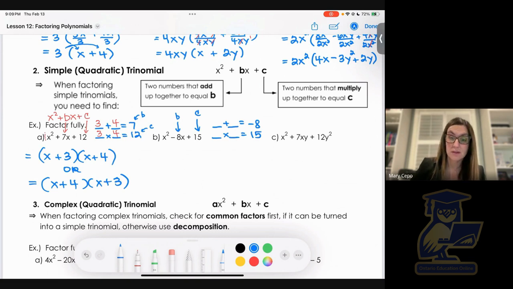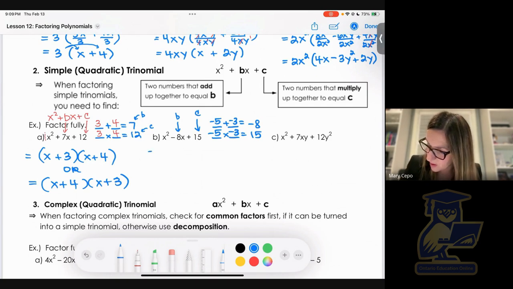Now looking at the sum, our sum has to be negative. So if your product is positive and your sum is negative, you know that both numbers have to be negative. So with negative 5 and negative 3, a negative times a negative is positive, and negative 5 plus negative 3 gives the sum of negative 8.